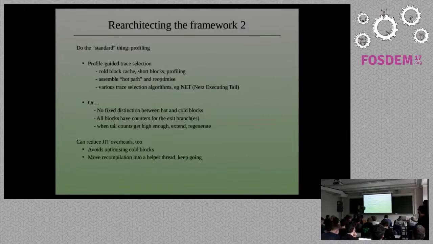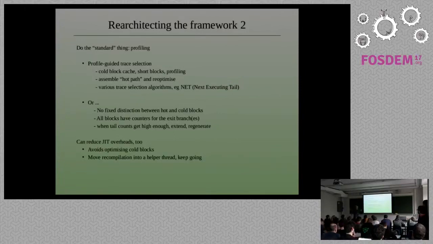So there's various selection algorithms that allow you to decide which of the paths through this set of cold blocks is the best. So that's something I actually don't want to do directly like this, because I don't really like the idea of having a distinction between blocks which are cold and blocks which are hot, and having to decide at some point I'm going to have to make this transition between them.